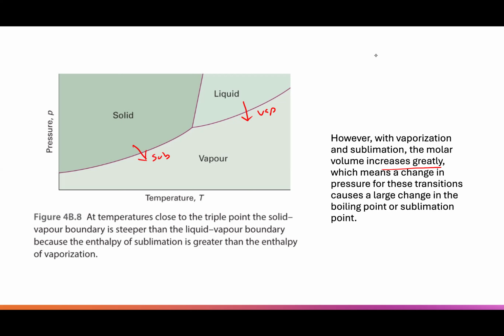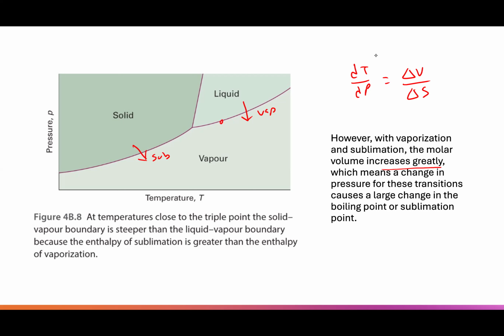It's going to take up a whole lot more space. So because of this, dT over dP is delta V over delta S. If we have a large change in our volume, then we would expect pressure to have a larger change on our temperature.